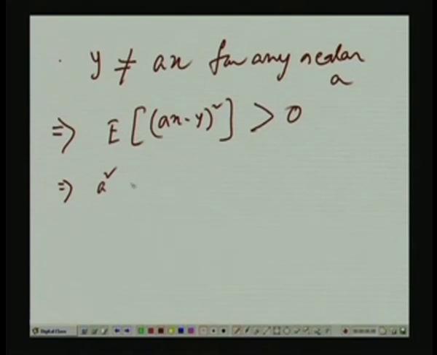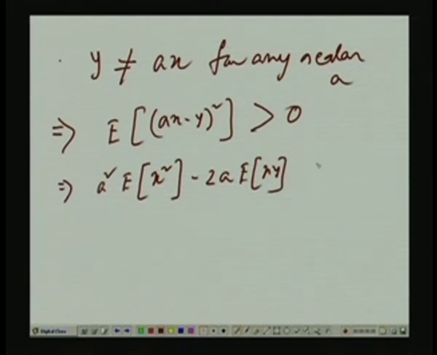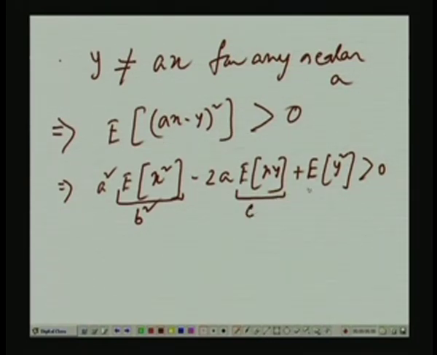We can write it like a square, okay, call this quantity b square, this quantity c, and this quantity d square.